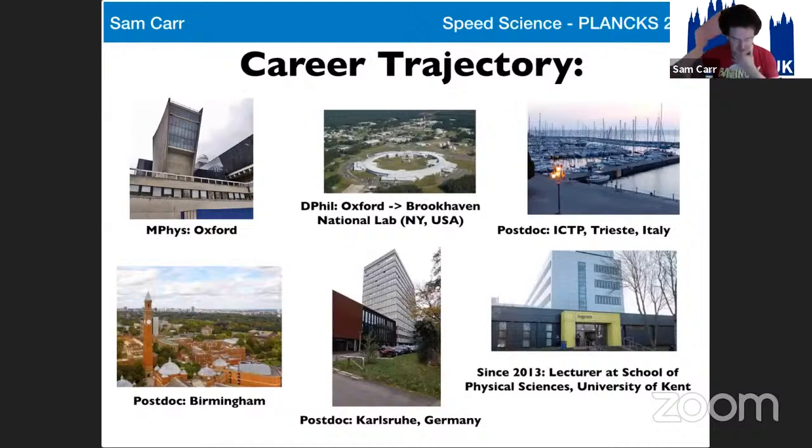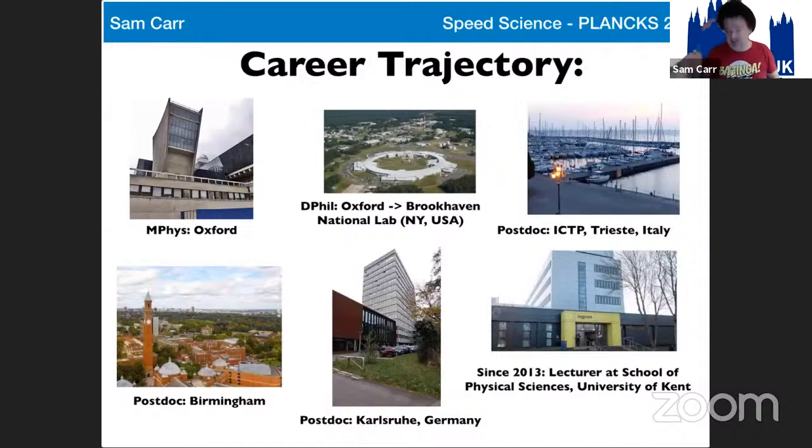My supervisor moved to Brookhaven National Lab, which is on Long Island in the US. So I actually spent 3 years of my PhD there. I then did postdocs in Trieste in Italy in the International Center for Theoretical Physics, in Birmingham, and in Karlsruhe in Germany, in the Black Forest region. So again, there was plenty of opportunity for travel.